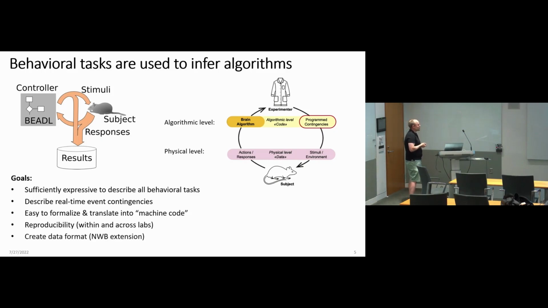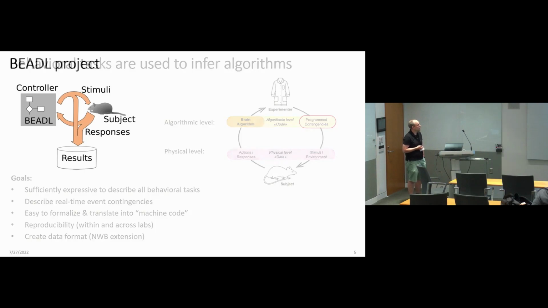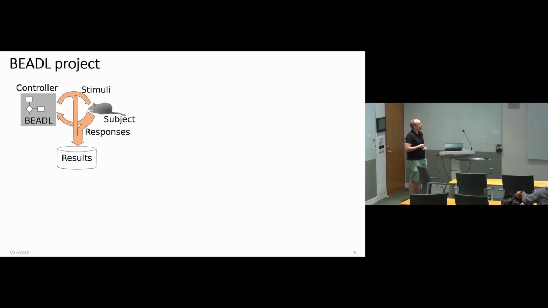And increasing reproducibility already within the lab, but also across labs, and having a standardized data format here with a newly introduced NWB extension that Oliver will talk about at the end of the talk.